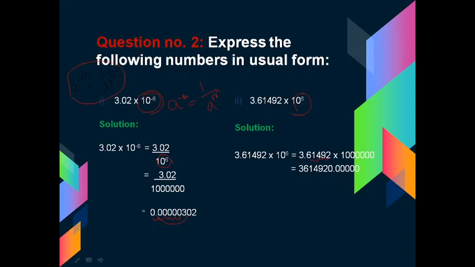Before 5 digits place the decimal. After the place where we put the decimal, the total digits are 5. Whenever all the digits after the decimal are zeros, then those zeros no need to write. So which can be written as 3614920. So this is the usual form of this exponential number.